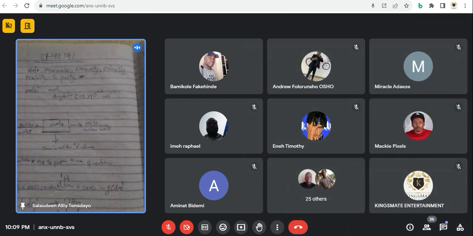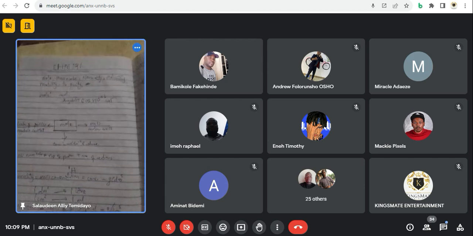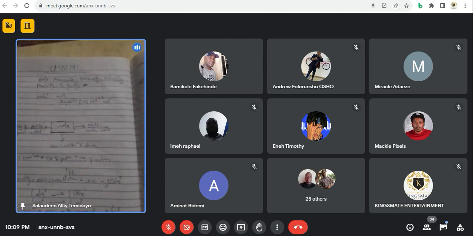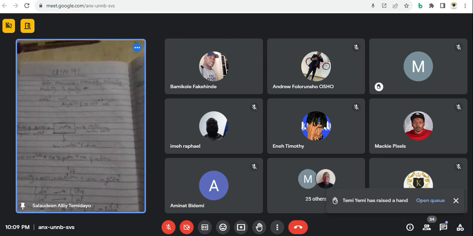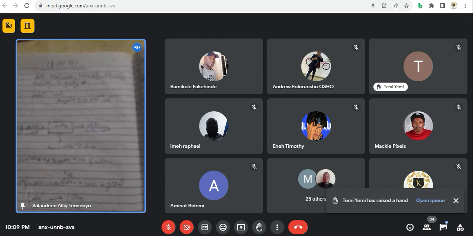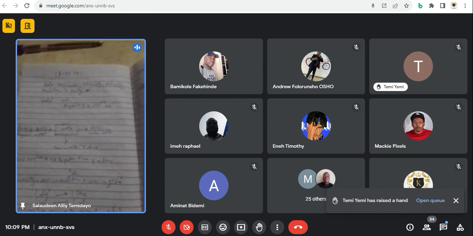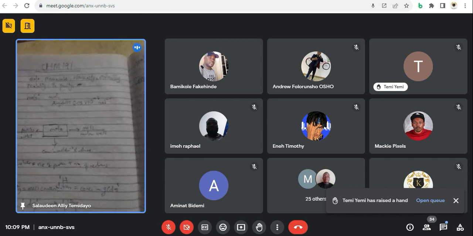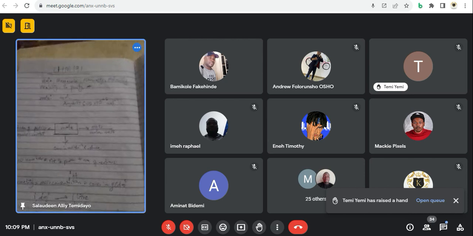If I say 1 mole of an atom, that means the amount of the things that made up the atom is 1. If I say 2 moles, the amount has been doubled. That's what I mean by mole.